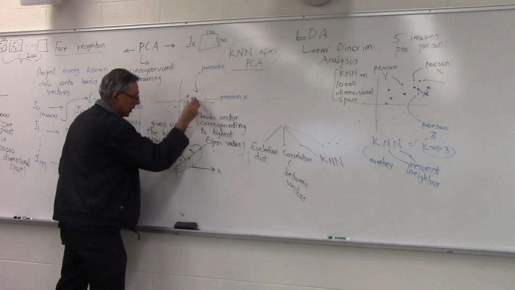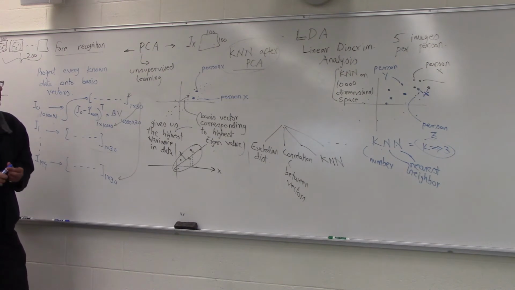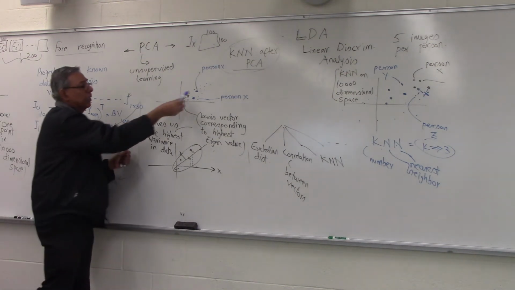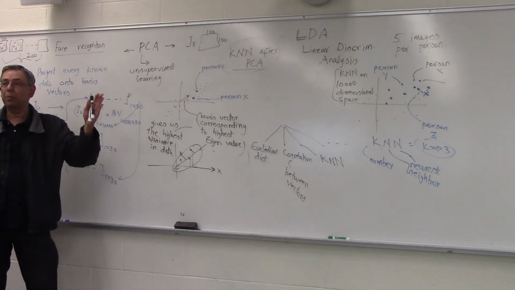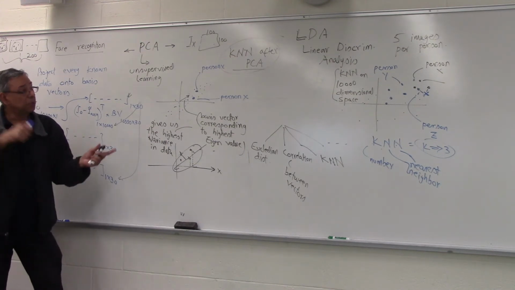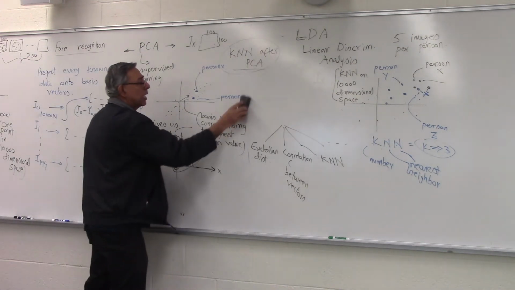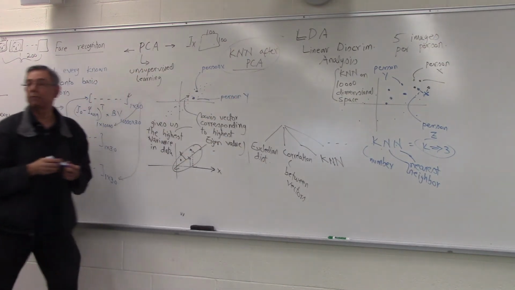This one happens to be person X. My question to you is, if it is the same person, should the projection produce answers close to each other or far apart from each other? Close to each other, right? But if they are two different people, then what do we want? Large. Then we want the large difference, right?